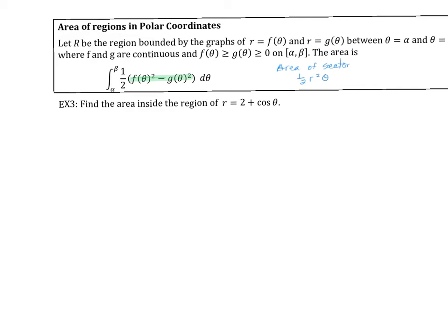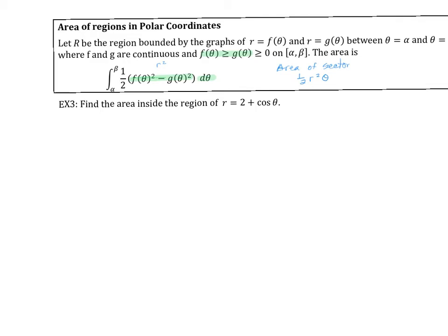If we have two functions, it's always the larger squared minus the smaller squared, just as when we find areas with integrals. And then our d theta is just a very, very small theta value.